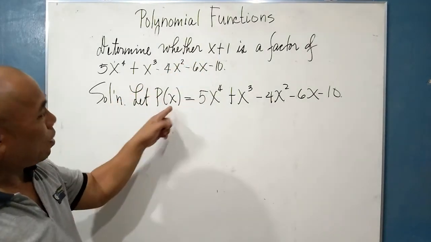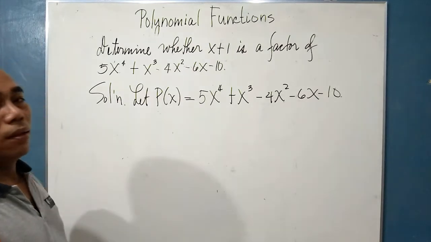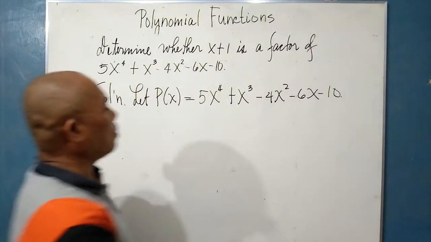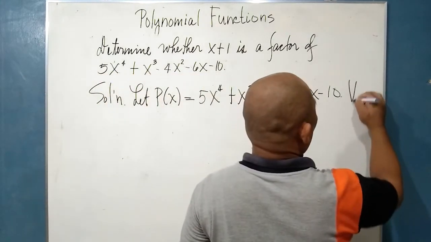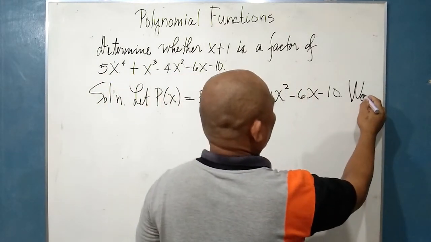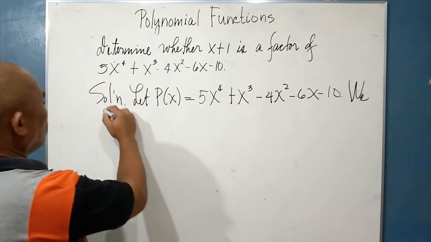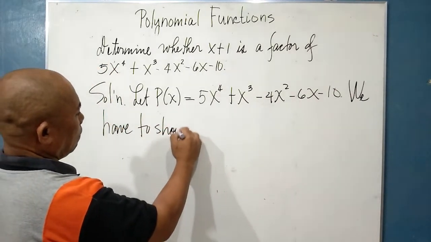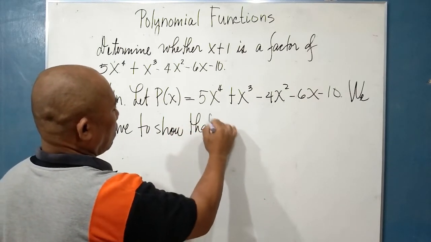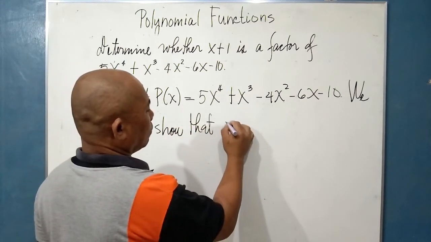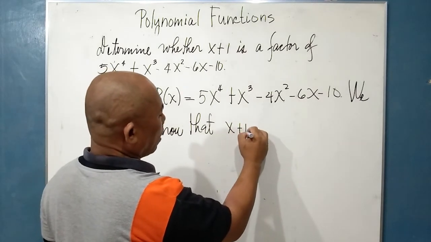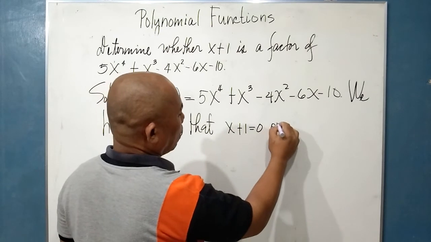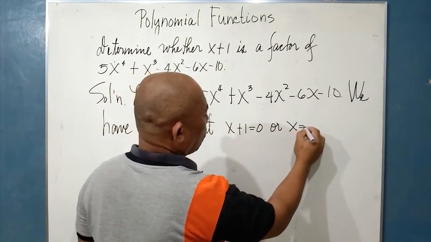So, we have to show that x plus 1 equals 0 or x equals negative 1.